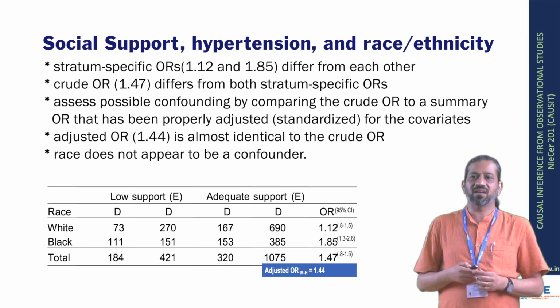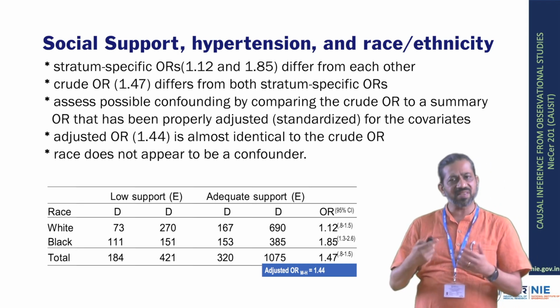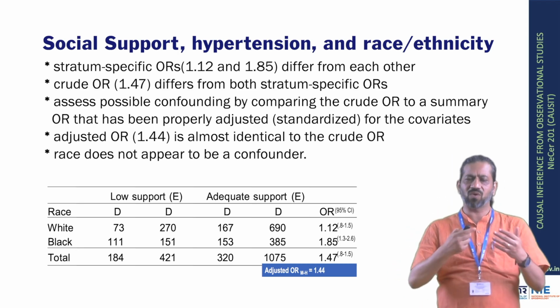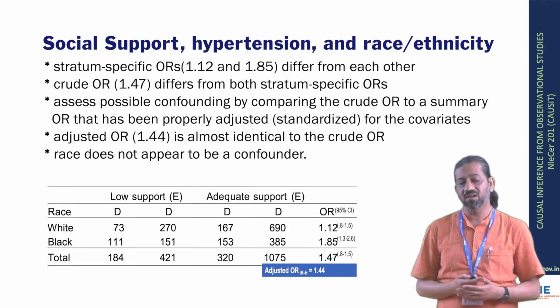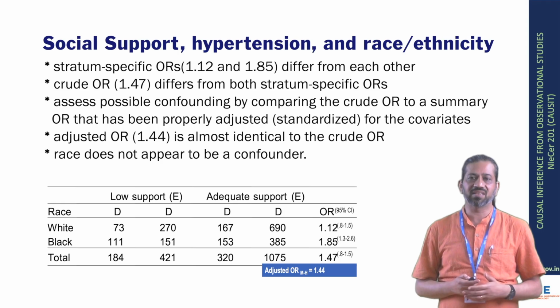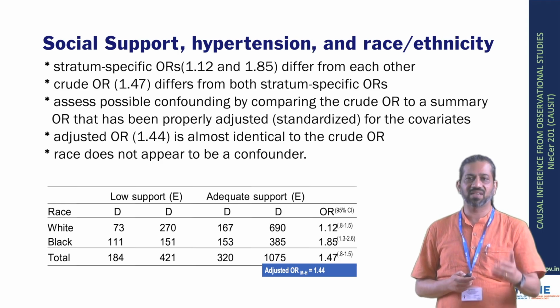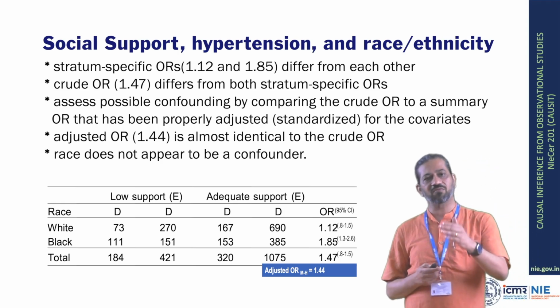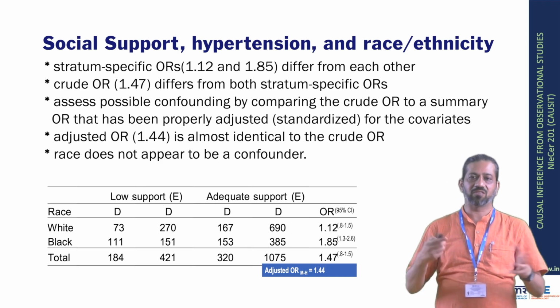So what do we see here? The stratum specific odds ratios between white and black are different from each other, and they're also different from the crude. When they calculated the adjusted odds ratio, they found that the odds ratio adjusted for race was 1.44.